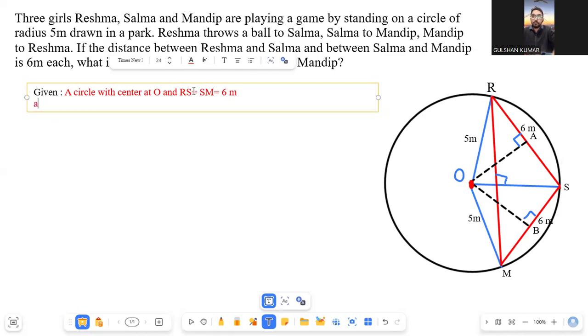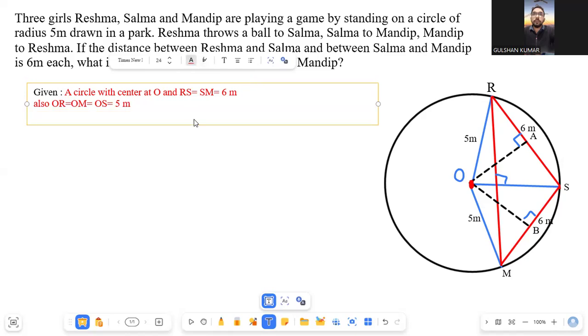Also, OR equals OM equals OS equals 5 meter. This is given to us.